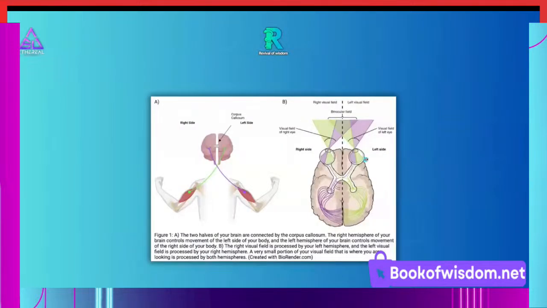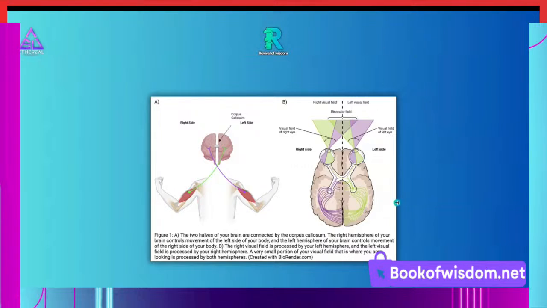So there is a crossover. The left hemisphere of the brain controls the right side of the body, the right ear, the right eye. Everything to do with the right side of the body is connected to the left hemisphere, and the right hemisphere controls everything on the left side of the body, including your eyes, your arms, your legs.